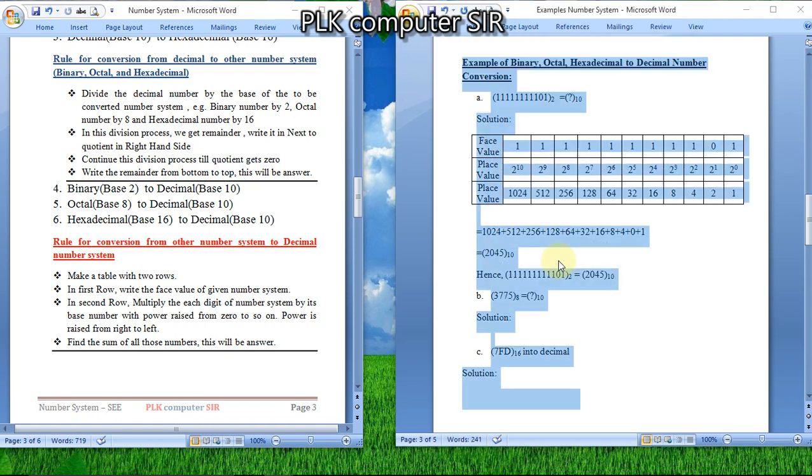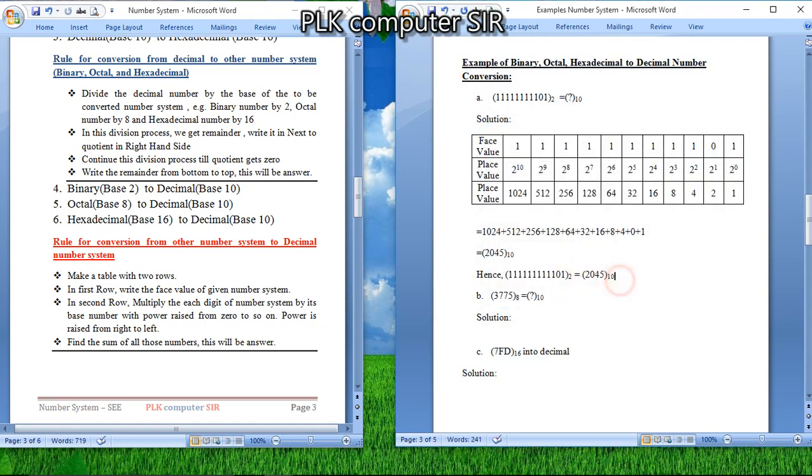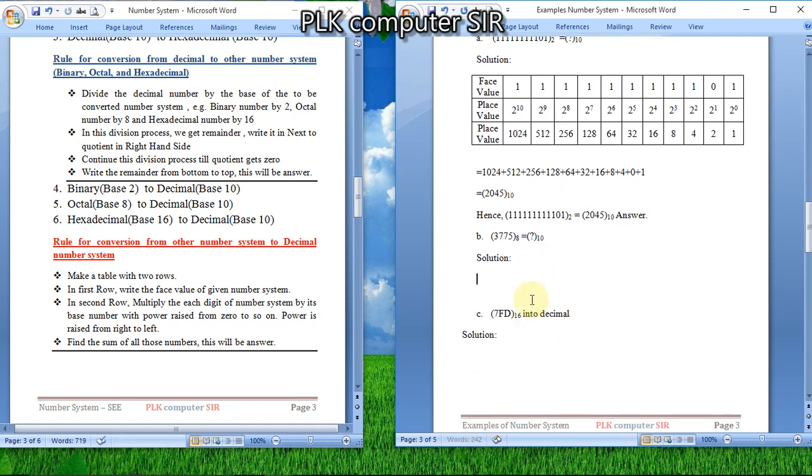Okay, this is the answer. Now what we are going to do, here we have a question to convert this octal number system into decimal.